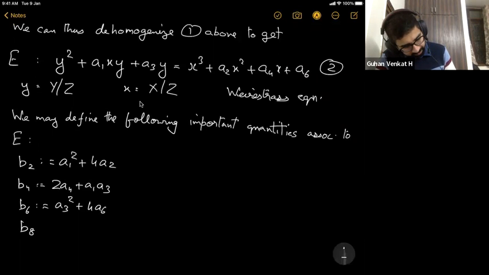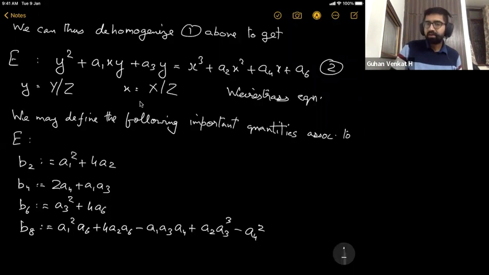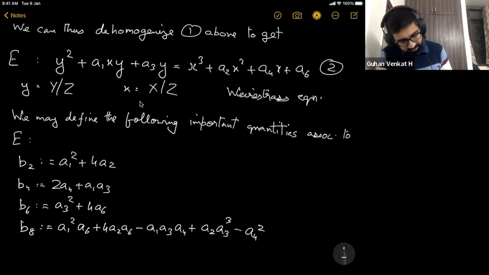And then b8 is finally a1 square a6 plus 4a2 a6 minus a1 a3 a4 plus a2 a3 square minus a4 square. So I'm just defining these, but some of this will show up later, but not all.